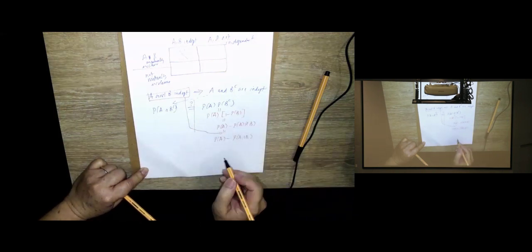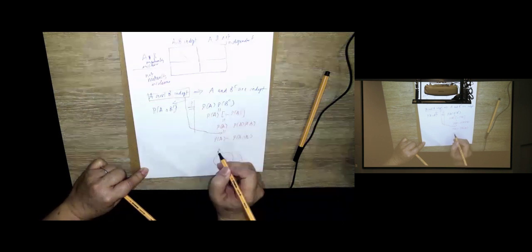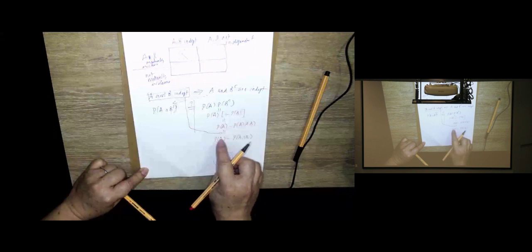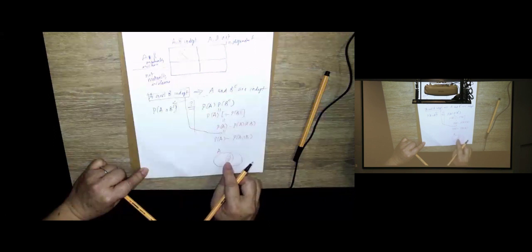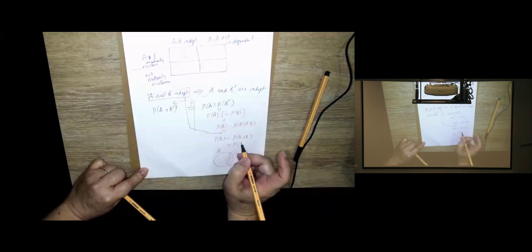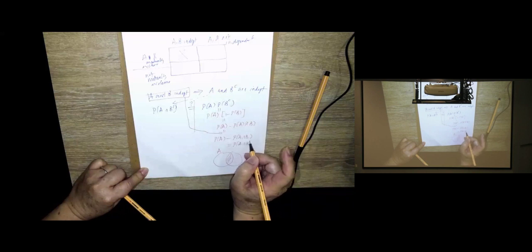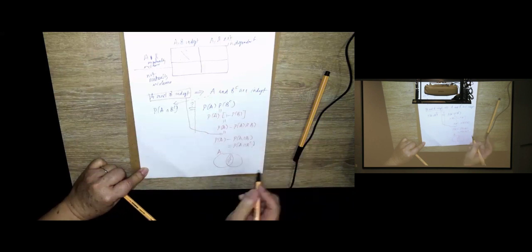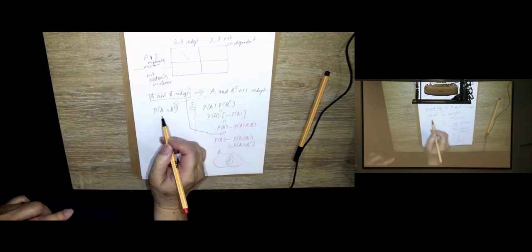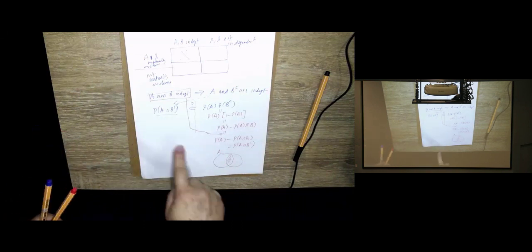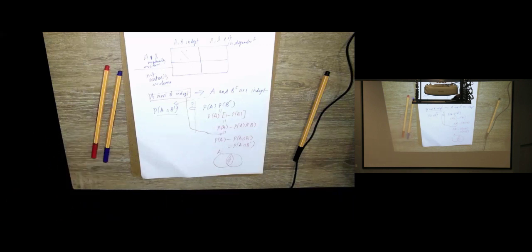And so the picture is this. This is A, and the probability of A minus this, so this would be the same as A intersect B complement, right? So actually, I get the left-hand side right away. So I don't need to move it here, all right?